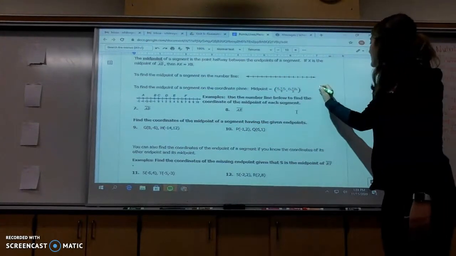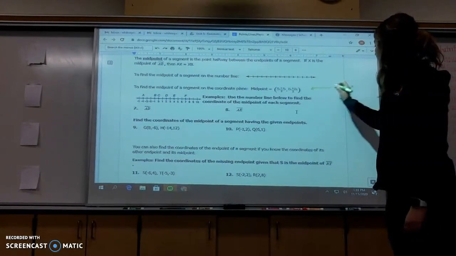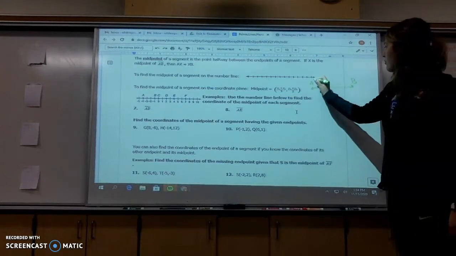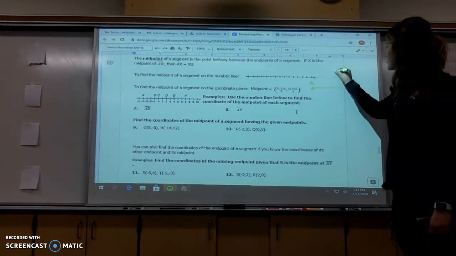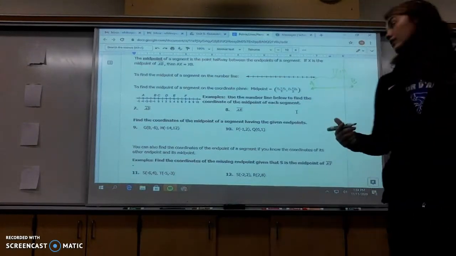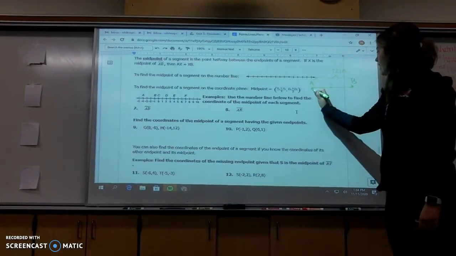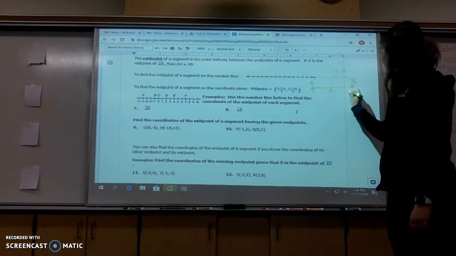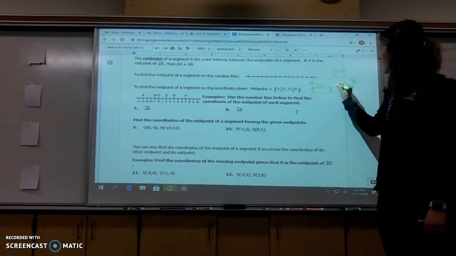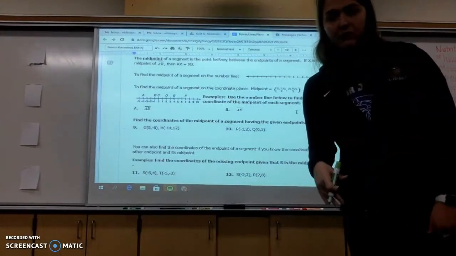So if we had something like this, a line segment AB, and we know that the whole length of this is 12 inches, our midpoint would be right in the center at, let's just call it C, and we know that this length and this length had to add up, so each of these lengths is 6 inches, because that is the halfway point. C is the halfway point of my line segment.